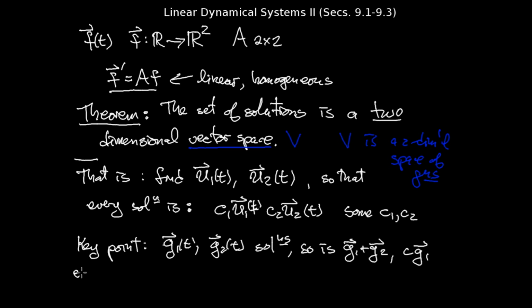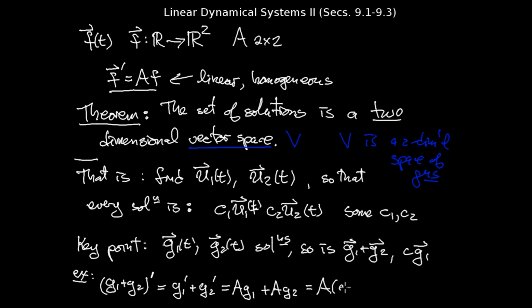So, for example, what is (g1 plus g2) prime? Well, that's g1 prime plus g2 prime. And since g1 is a solution, g1 prime is equal to A g1, and g2 prime is equal to A g2, and then you can factor this out to get A(g1 plus g2).